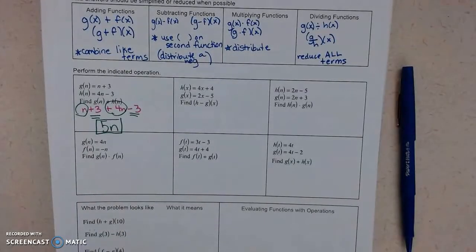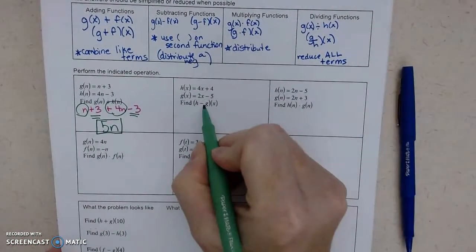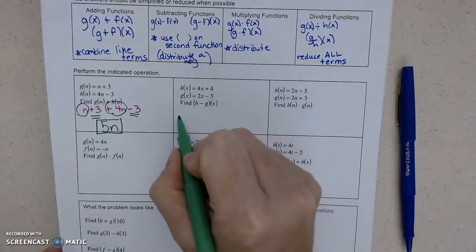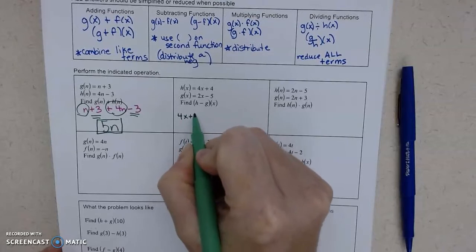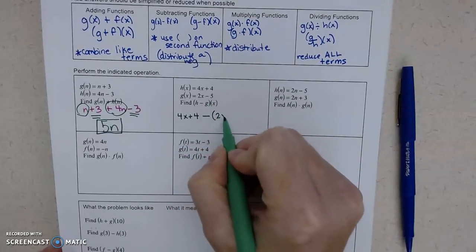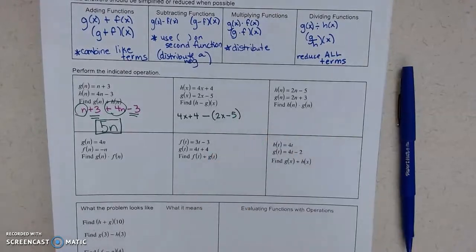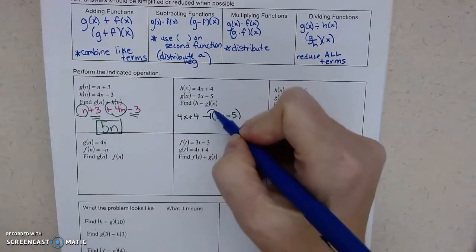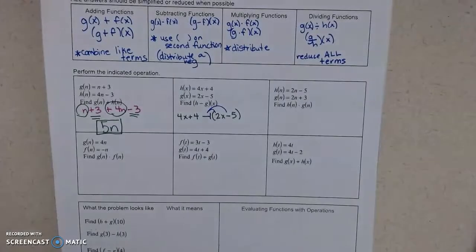All right, let's do the next one. So h minus g. For subtraction, we need to use parentheses. So I've got h. We don't need the parentheses on the first function. Minus, I need to subtract everything that is in g. So when you subtract, it's like a -1, and that's what we're going to distribute to both terms.